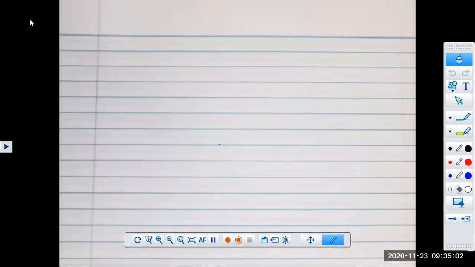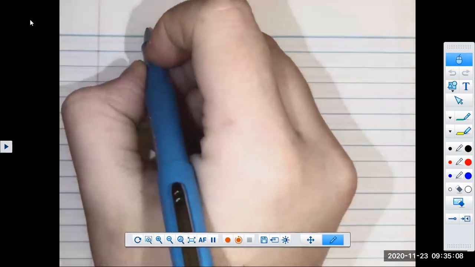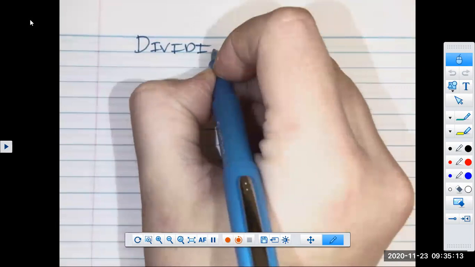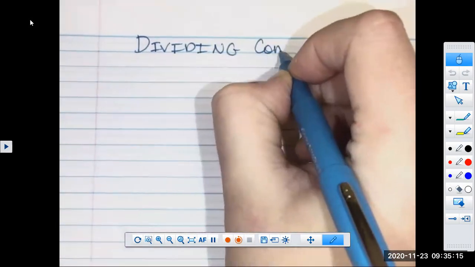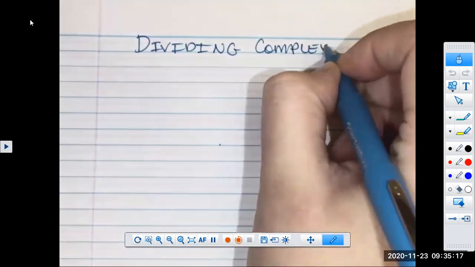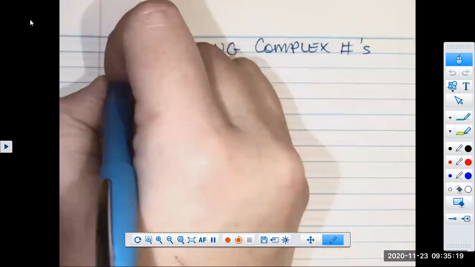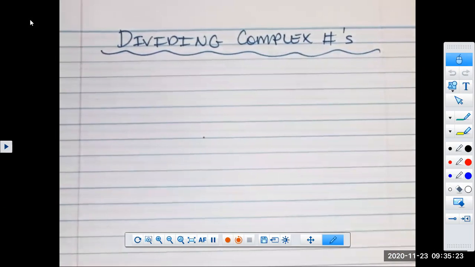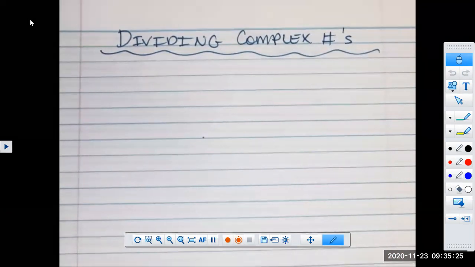Okay, the next concept that we're going to look at is dividing complex numbers. So you've learned in the past in math that you cannot leave a radical in the denominator.